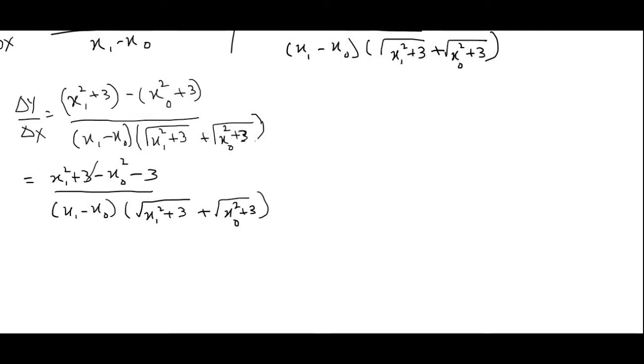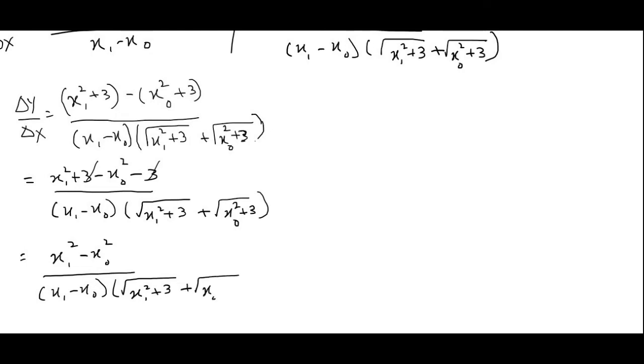Now this plus 3 and this minus 3 are cancelled and we get x1 square minus x naught square whole divided by x1 minus x naught and under root x1 square plus 3 plus under root x naught square plus 3.